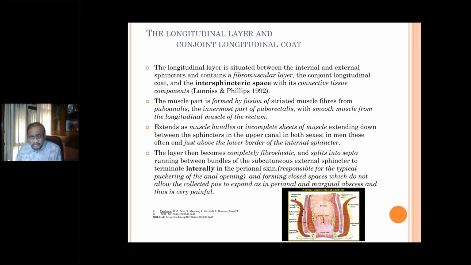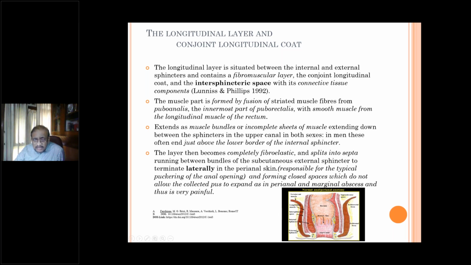And what do these components do? They split into septae. From here, it starts sending out septae all along, laterally, downwards, medially, and from medially upwards. So these are septae which split, running between the bundles of the subcutaneous external sphincter, and terminate laterally in the perianal skin. So this is the subcutaneous sphincter, right?